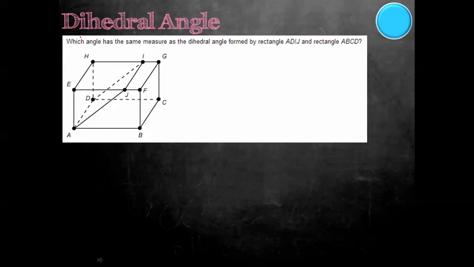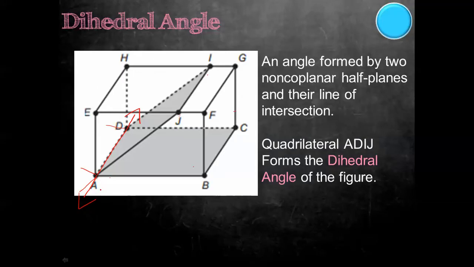For a dihedral angle, we want to figure out which angle has the same measure as the dihedral angle formed by rectangle ADIJ and rectangle ABCD. What I want to find is what angle is going to tell me what angle this forms.